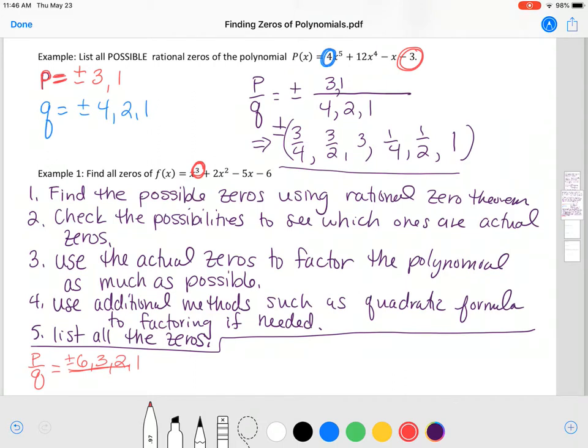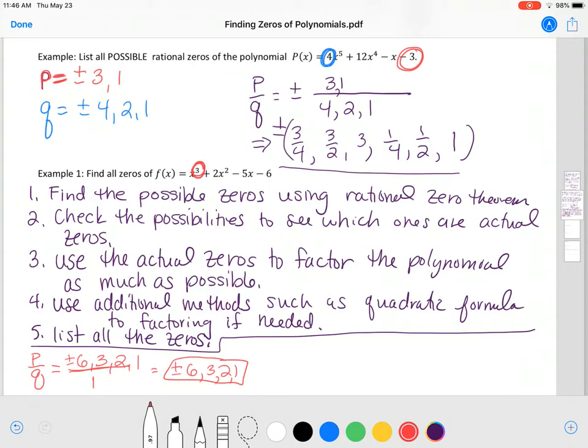My possible factors of my leading coefficient, since my leading coefficient is 1, the only possible factors are 1. When I list out all my combinations, I get 6 over 1, 3 over 1, 2 over 1, and 1 over 1. So these are my possible factors.